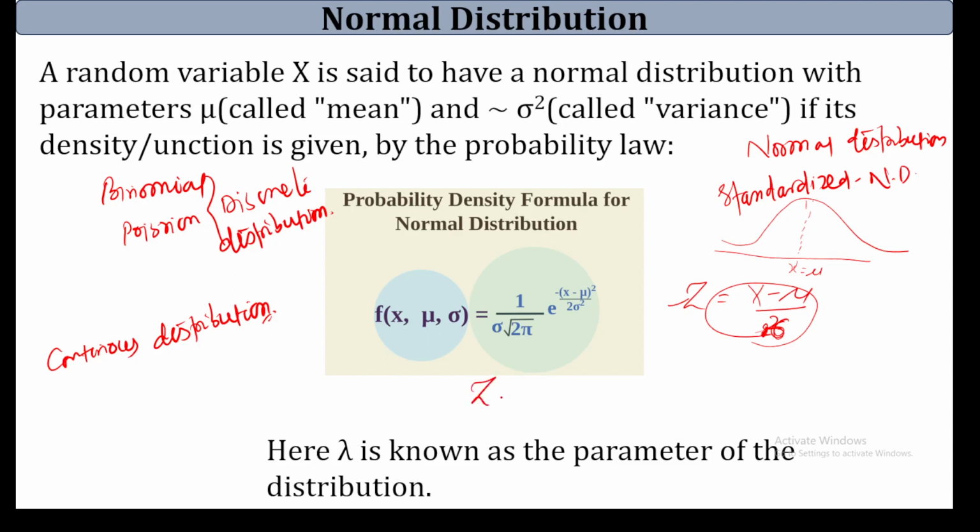If you put z equal to x minus mu by sigma, it becomes f of z equals 1 by root 2 pi, e to the power minus z square by 2.